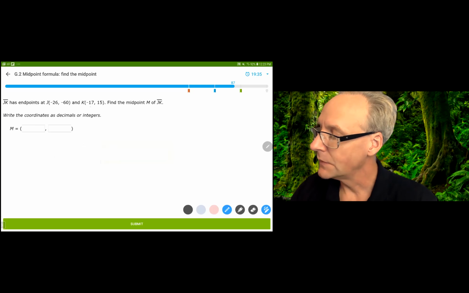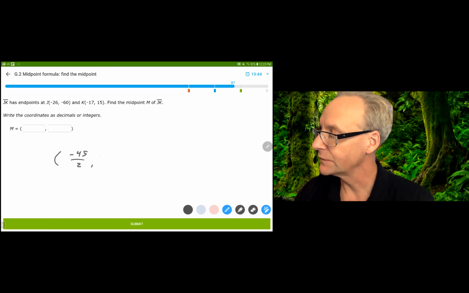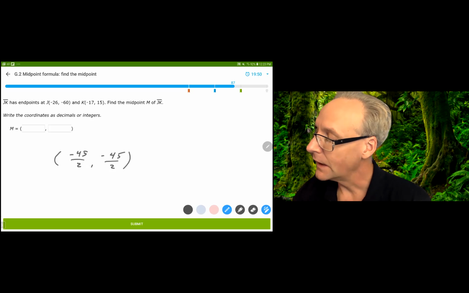And I'm just adding my x's, which gives me negative 45 over 2. And I'm going to add my y values, which gives me negative 45 over 2. Interesting, huh? Let's make sure I didn't make a mistake. Oh, there it is, negative 43 over 2. Got to add right. There we go.